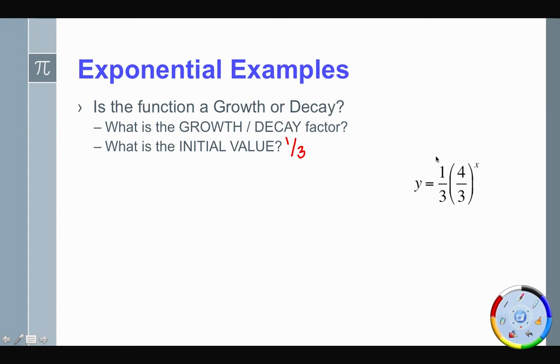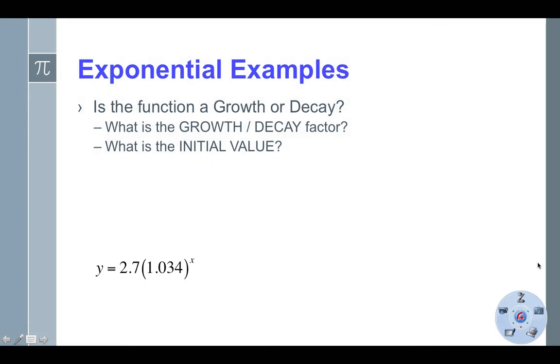Well, sometimes people look at this and go, well, it's a fraction, therefore it's a decay. However, b is equal to 4/3 here, but 4/3 is bigger than 1, and that means it's not a decay, but a growth. So the growth factor in this case is 4/3.